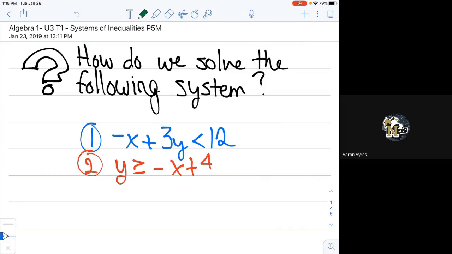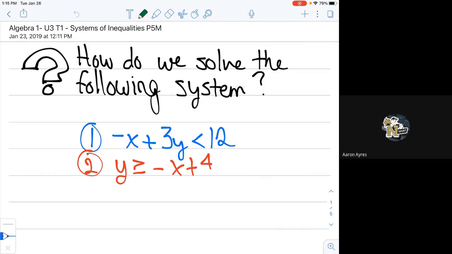So it would become positive x. And then you get the plus 4, and it would just be x plus 4 is less than 12, and then you would just solve based off of there.